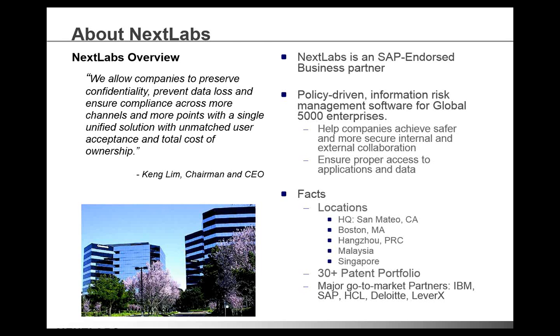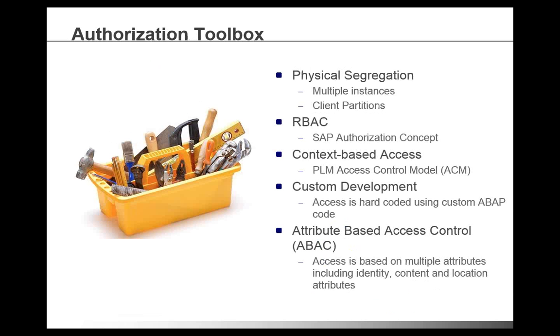So to start with, and to recap what Eric just went through in detail, these are all the different tools you have in your toolbox to make sure that your data is being provided proper access controls, and that the right users have access to the right amount of data.